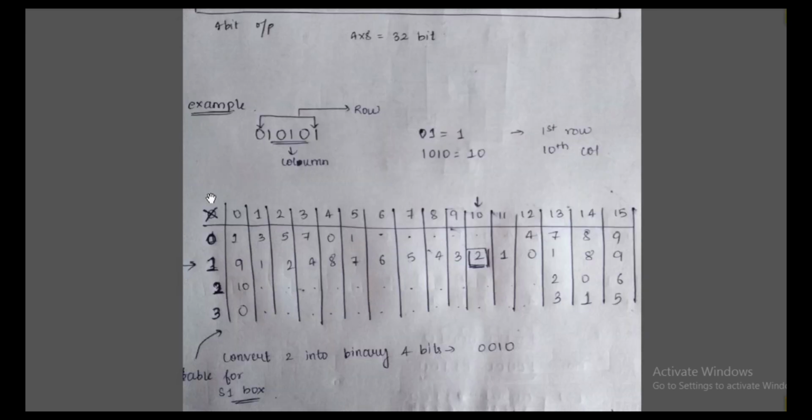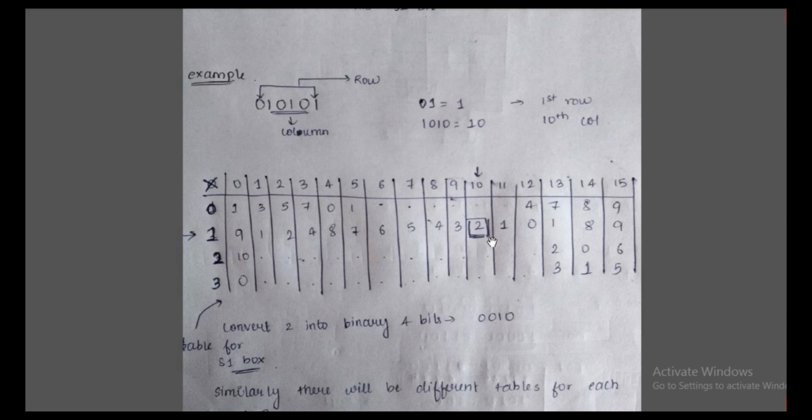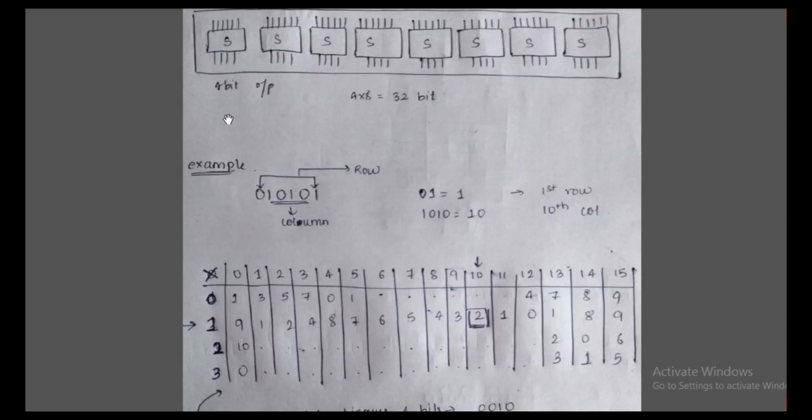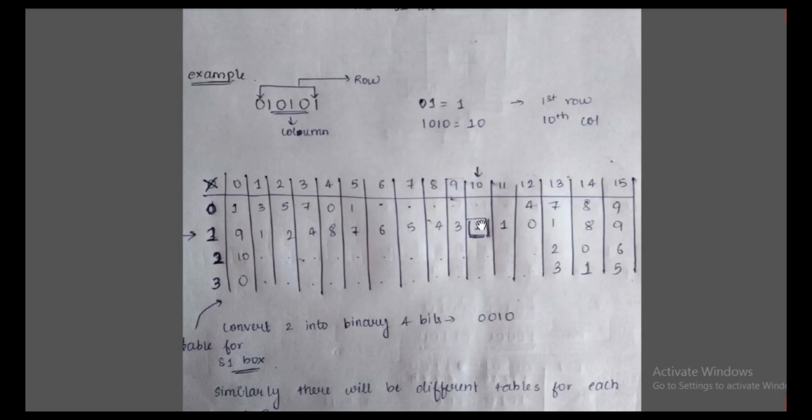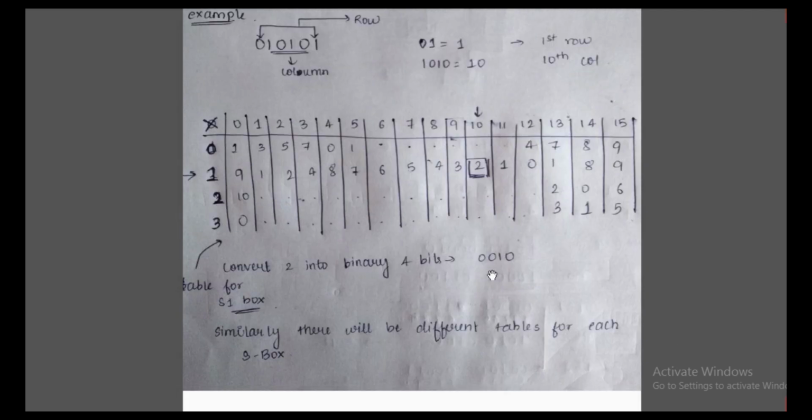Now this is the table for SBox 1. When we see, we can see that this is the first row and the 10th column. Here the number in this table is 2 for this corresponding value. Since we have to produce the 4-bit output, we'll convert this into 4-bit binary, which is 0 0 1 0.